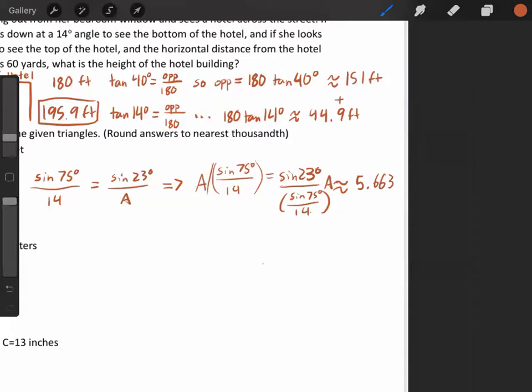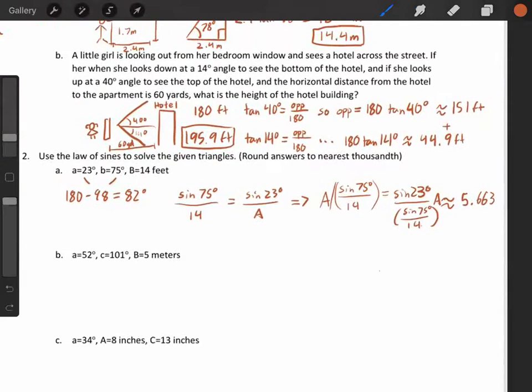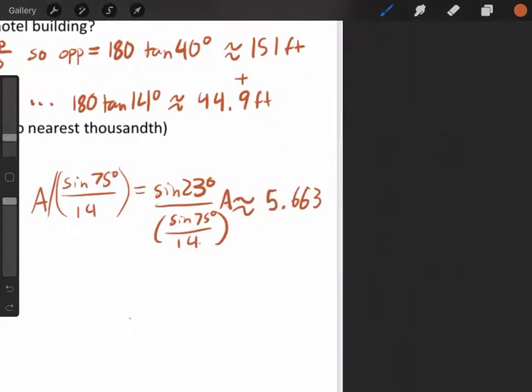Keep in mind it says round to the nearest thousandth, so we just keep that in mind when we do our rounding. Our units are feet, so let's just tack on that too.